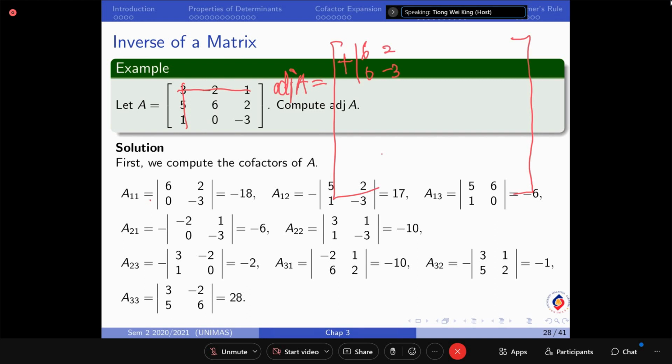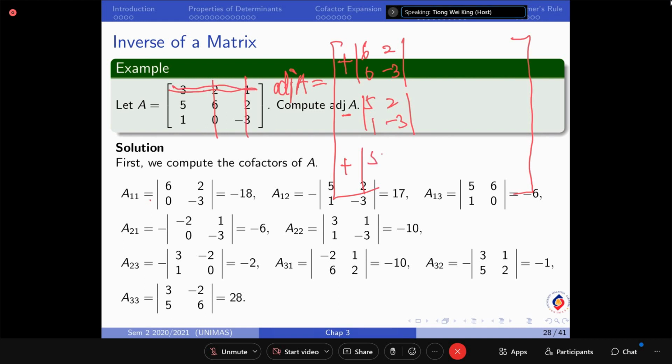And then the second one is A12. A12 is negative, and then you delete row 1, column 2. So you have a negative 5, 1, 2, -3. And then the third one is plus. You delete row 1, column 3.